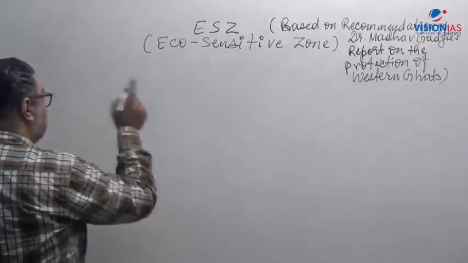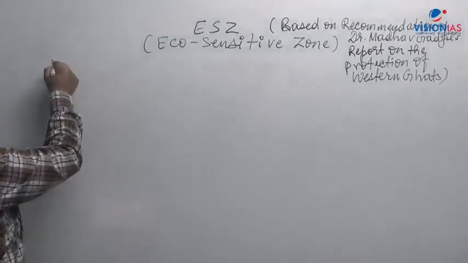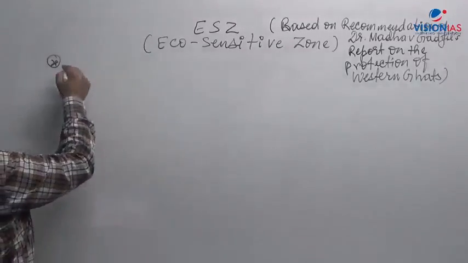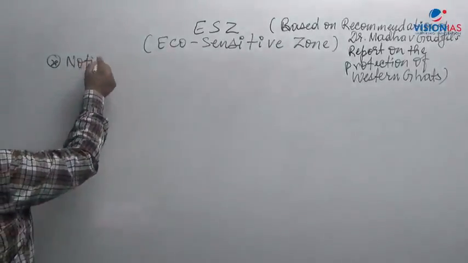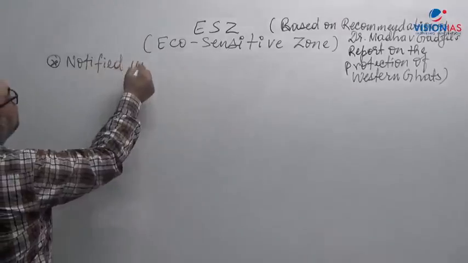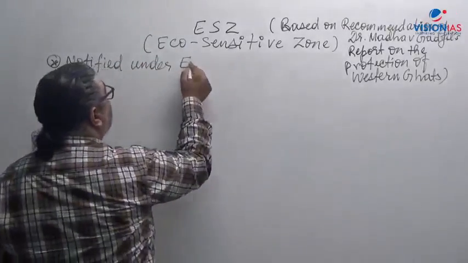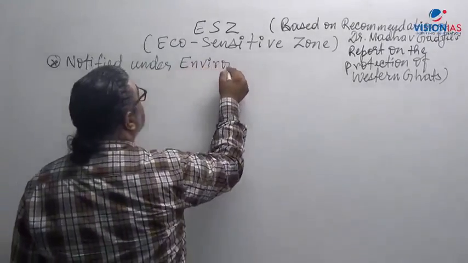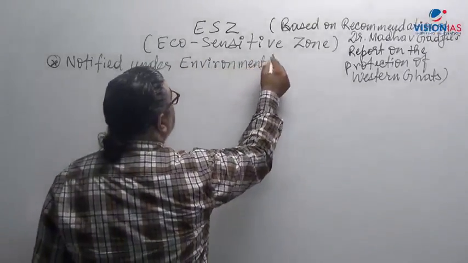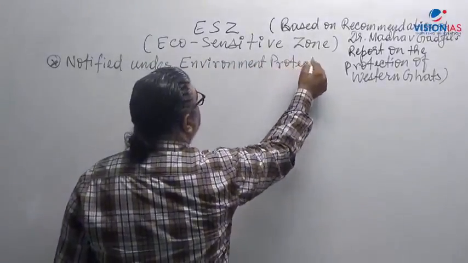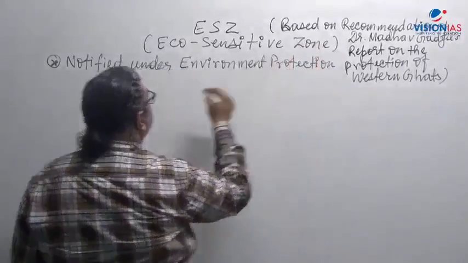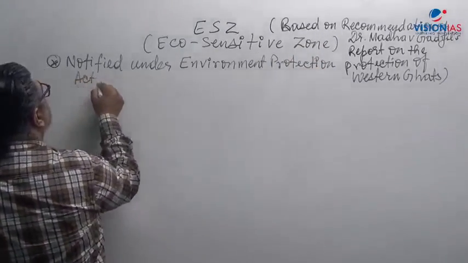Now here, the first important point about ESZ is that it is not notified under the Wildlife Protection Act. It is notified under another very important law in the country, the Environment Protection Act. For protection of environment, we have an act in the country, the Environment Protection Act 1986.